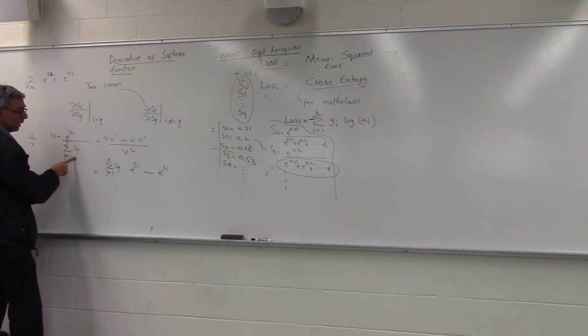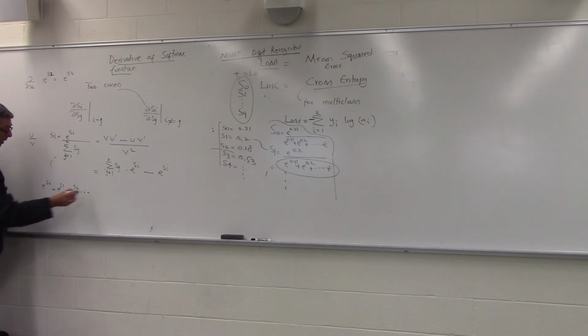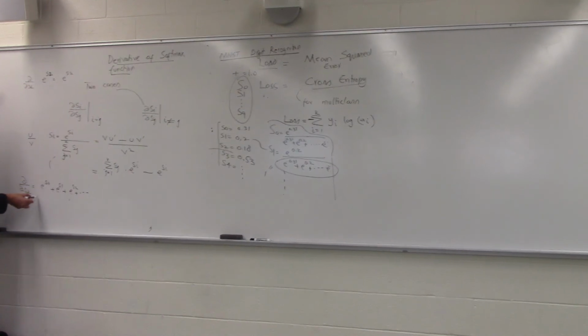V prime, okay. So think of this at the bottom as e to the s0 plus e to the s1 plus e to the s2 plus, and now I wanted to do partial with respect to, let's say, s2. So what will it be? Exponential is e to s2. If I take e to the s0 with respect to s2, this will be 0, right?